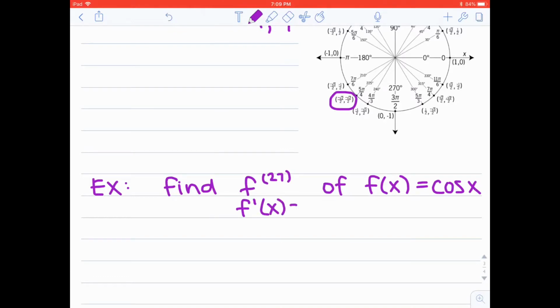The first derivative is negative sine x. So if you take the derivative of cos, that's negative sine. The second derivative is negative times the derivative of sine, which is cos.